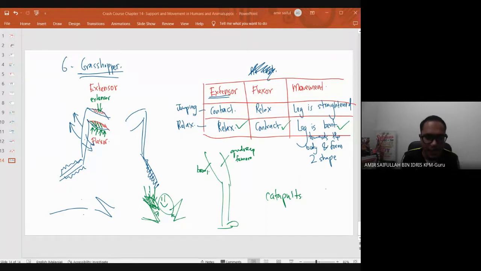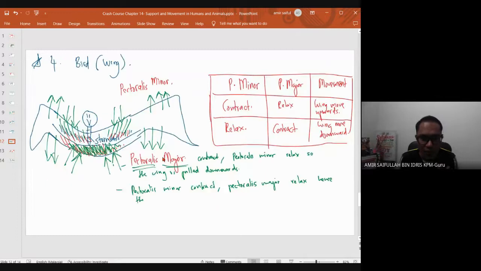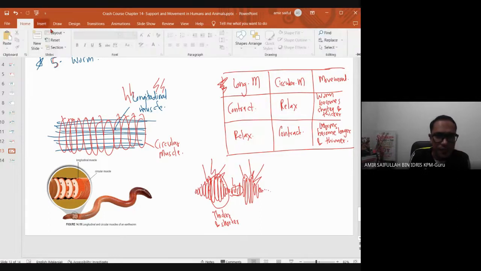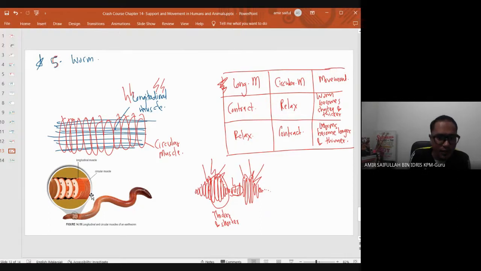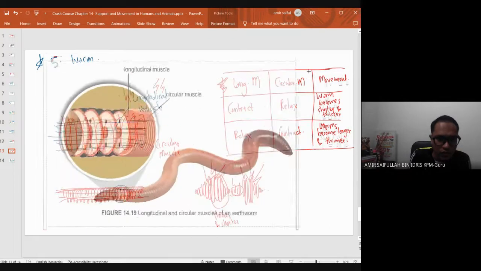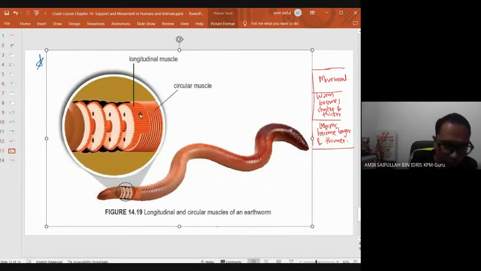Okay. And the last one is the worm. The worm one is like this. So the worm, if you see this picture, if you see your textbook, they are composed of inside and outside.